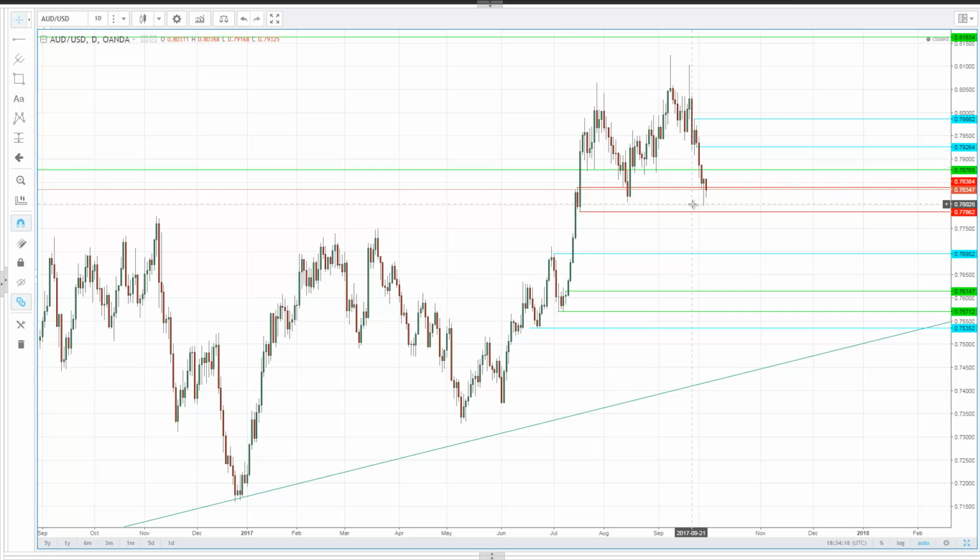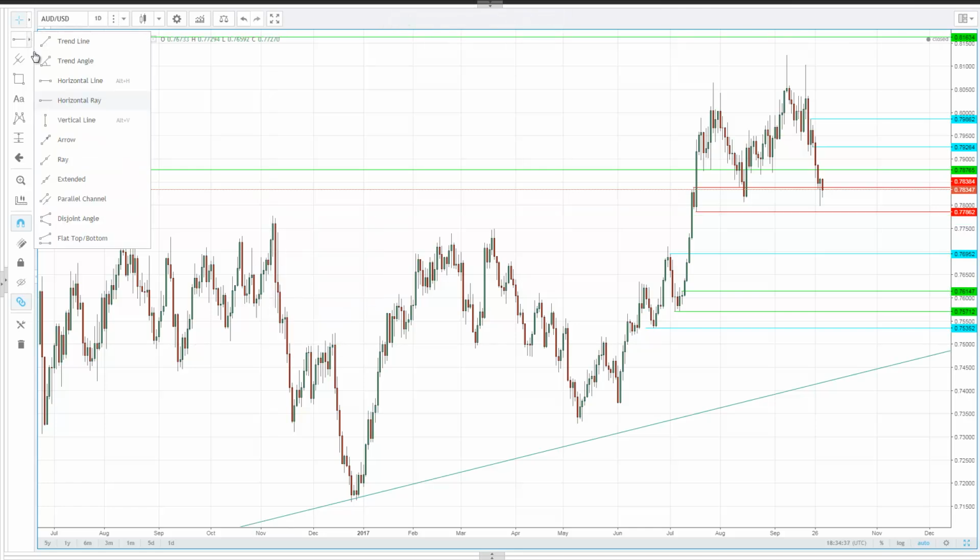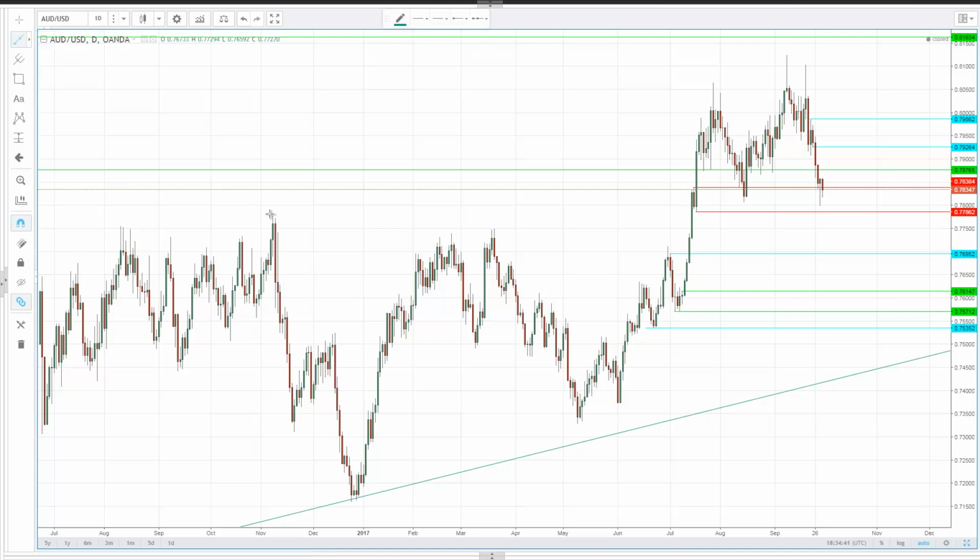But there's a big chance that price will do the first retest and bounce a little bit off this little bit of resistance there. So basically we can draw the trend line here. Maybe let's start from this second.